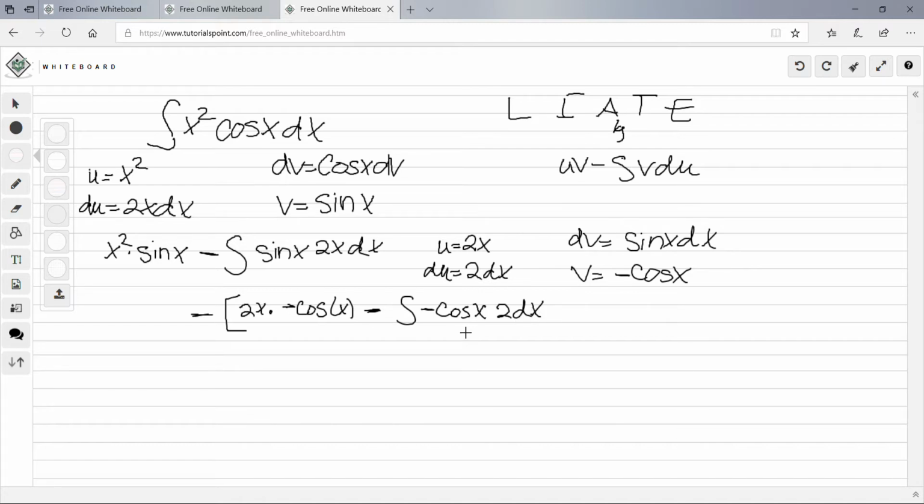So if you take the integral, this 2 is a constant, so you could put it in front, so it's a negative cosine. I'm also putting this negative in front, cosine x dx.